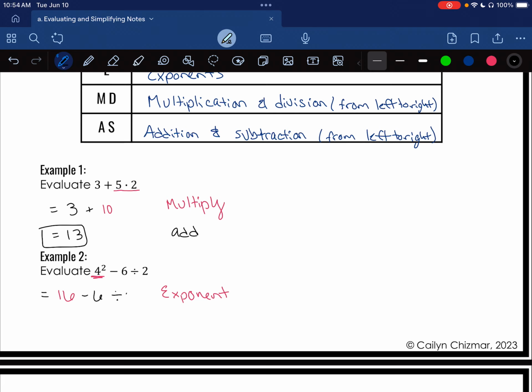According to the order of operations, we are now going to take care of this division. 6 divided by 2 is 3. Now we'll carry out that subtraction, and it ends up being a happy accident that we end up with 13 again.